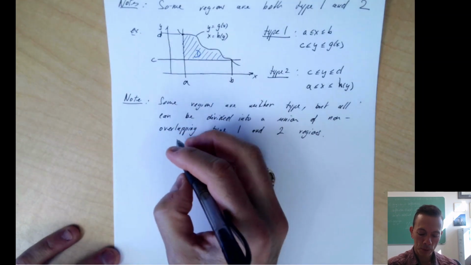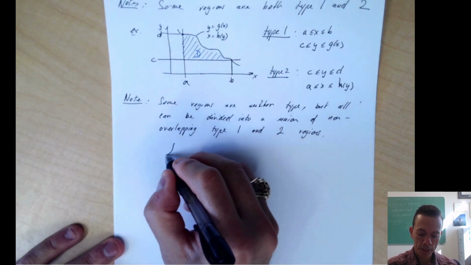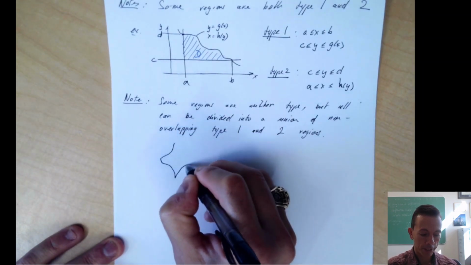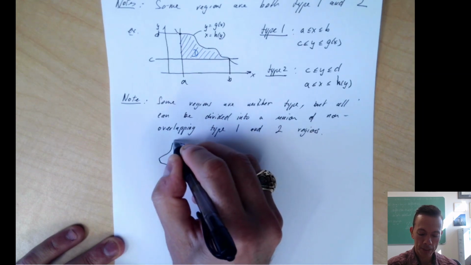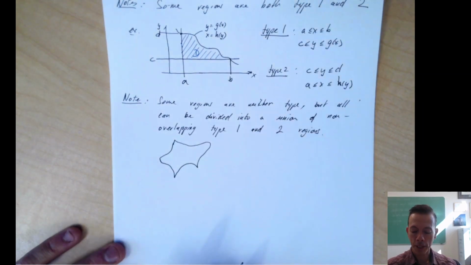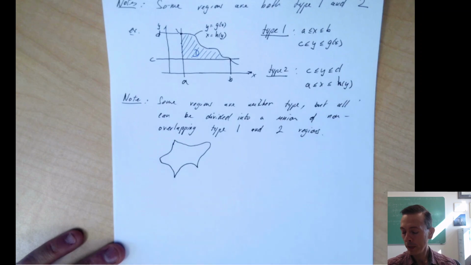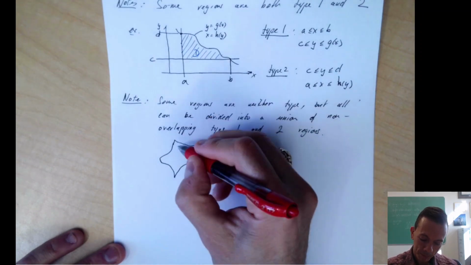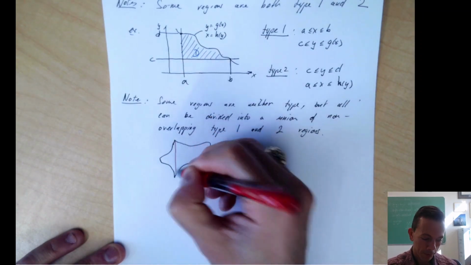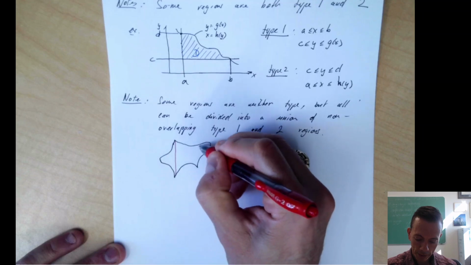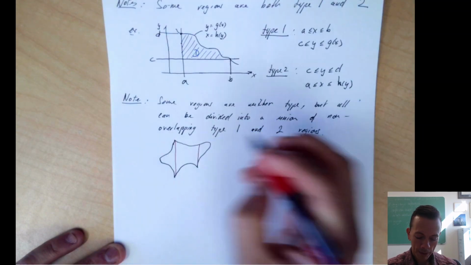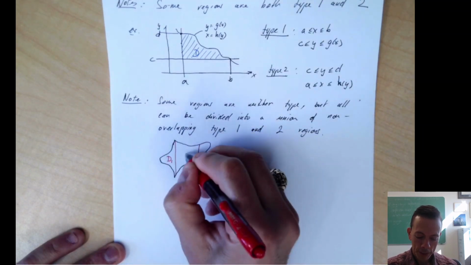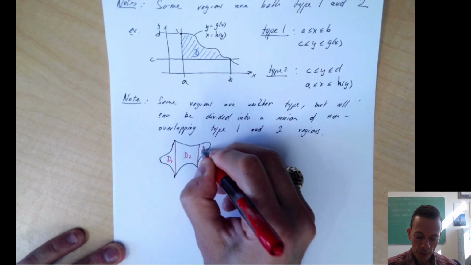So for example, if you have a region that has a very strange geometrical shape like this, this is neither a type 1 or a type 2, but you can split it up, for example, this way and this way. So here you've got D1, D2, and D3.